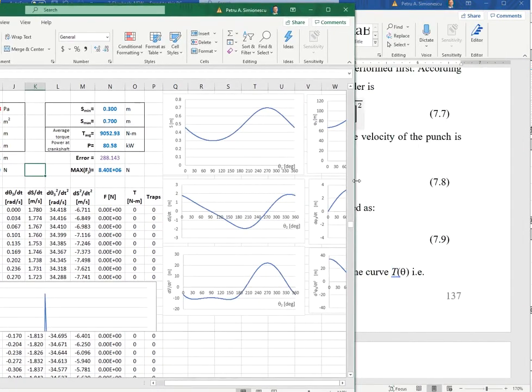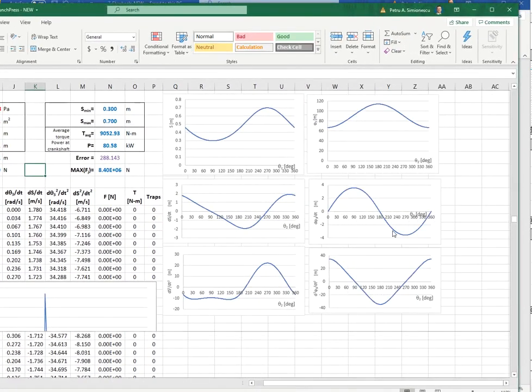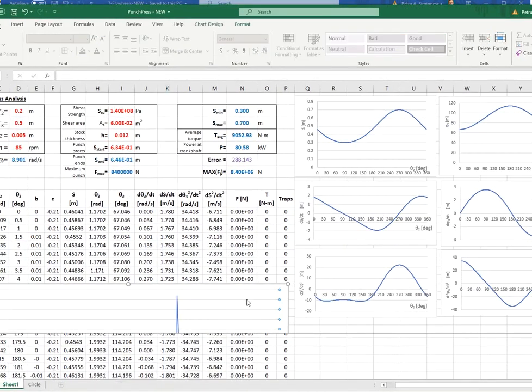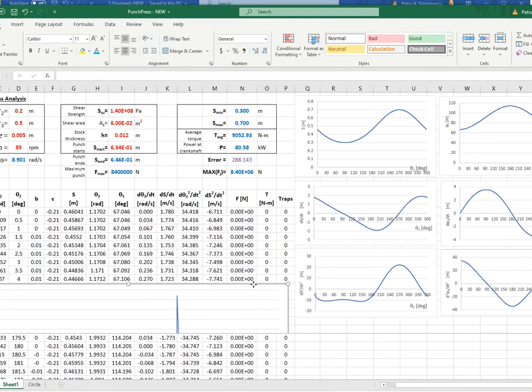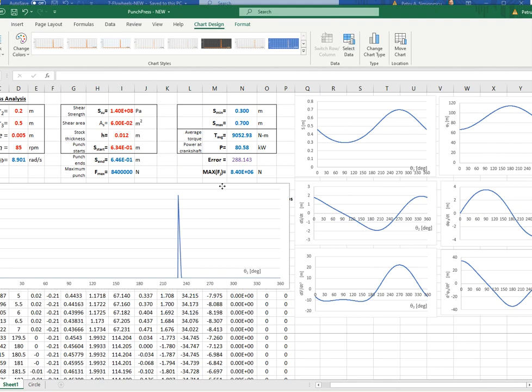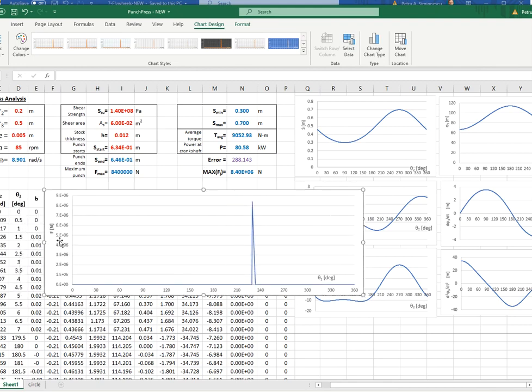Let's see, I have graphs for displacement, velocity, acceleration, same as the homework. And then there is a graph for punch force as a function of the crank angle.